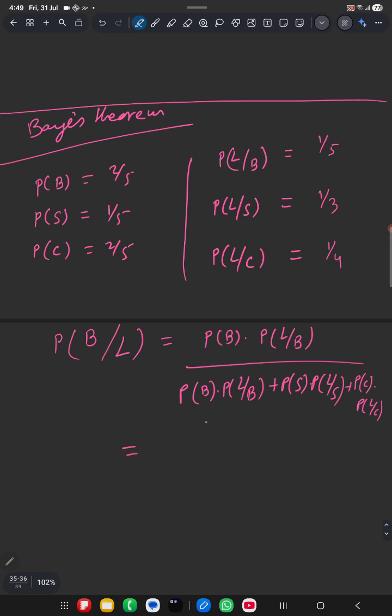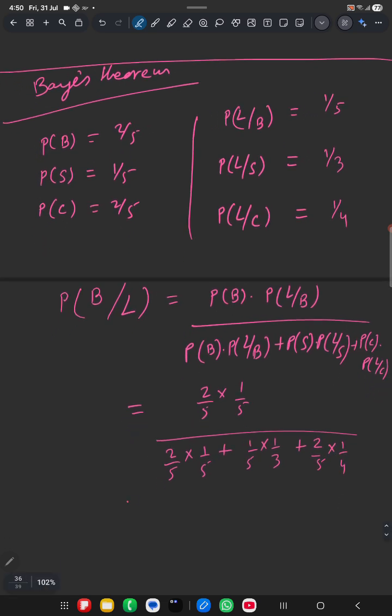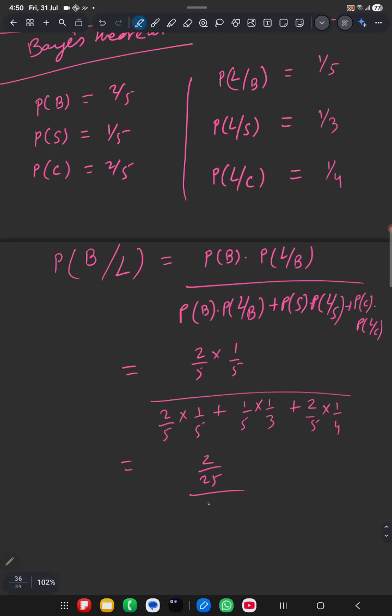Everything is given in your data. So you start writing 2 by 5 into 1 by 5 divided by 2 by 5 into 1 by 5 plus 1 by 5 into 1 by 3 plus 2 by 5 into 1 by 4. The same thing, 2 by 25, and the denominator is 37 by 150, and you can solve it: 2 by 25 into 150 by 37, which is 6 times 2, so 12 by 37. This is the answer. Thank you.